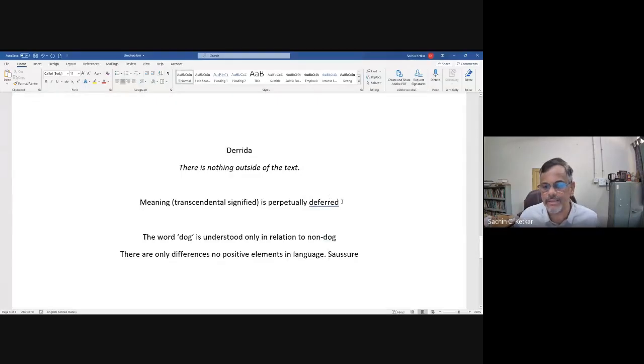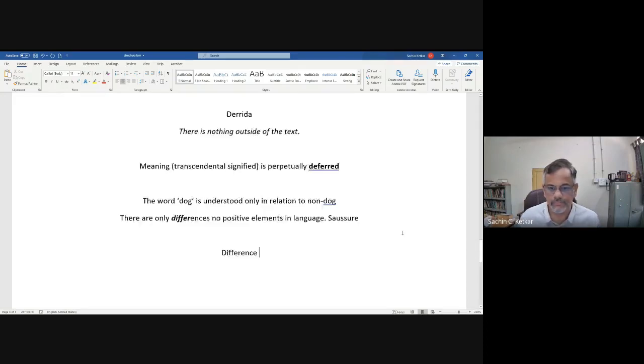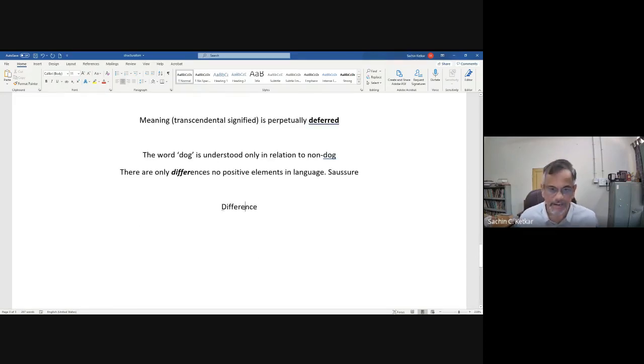So Derrida combines these two terms in a neologism called différance. This is the key term in Derrida. This is the key idea in deconstruction.